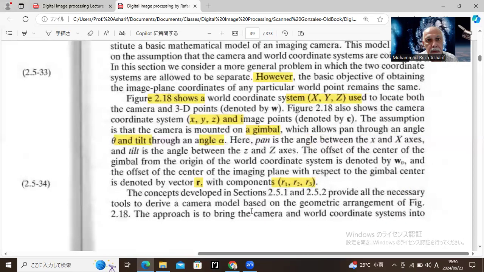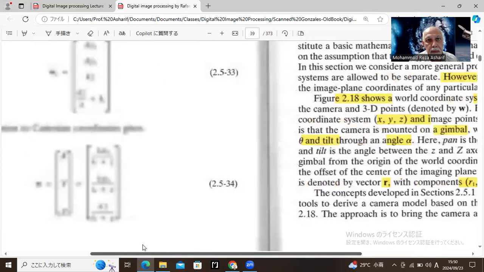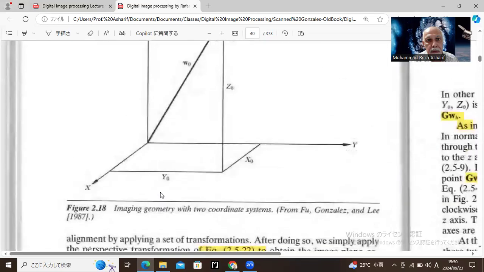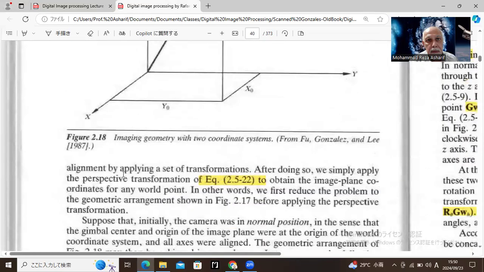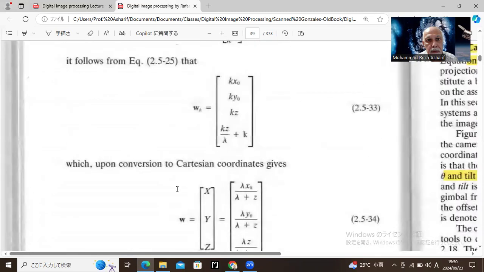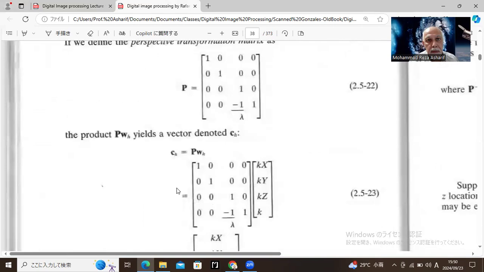The concepts developed in section 2.5.1 provide the necessary tools, with the geometric arrangement in figure 28, and so on. We want to bring the camera world coordinate into the picture coordinate, aligned with the application of the transformation. After denoting the simple perspective transformation, which is 2.22, I have to show this perspective.